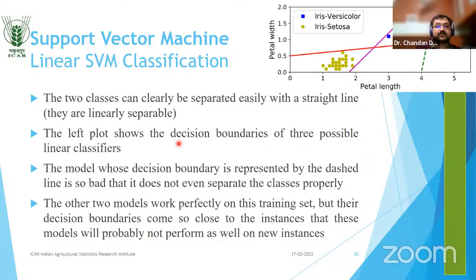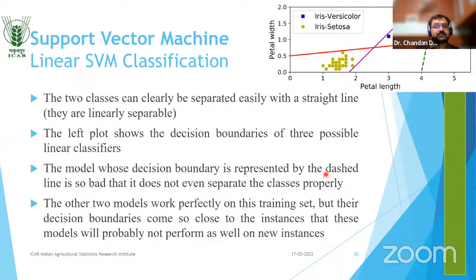Here I have segregated this left plot, and it shows three possible classifiers, the same situation as in the 3D picture. Before that we have seen that this dashed line is not at all classifying the objects.